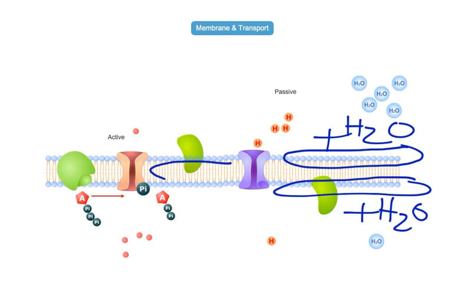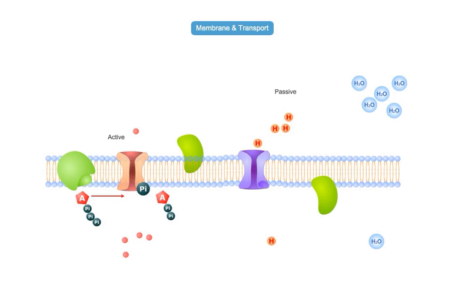But the middle of the plasma membrane does not like water. It is hydrophobic. The middle being hydrophobic allows hydrophobic molecules to move through, but anything that's hydrophilic, except for water, cannot move through the plasma membrane because of that fatty region in the middle. So that aids in the semi-permeability of the plasma membrane.